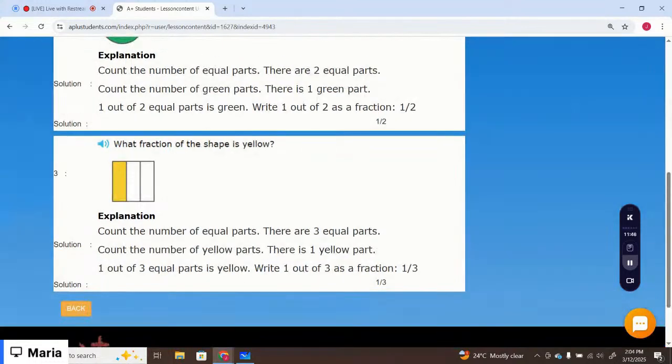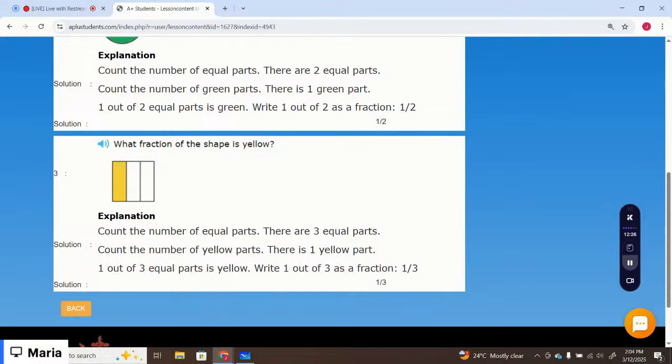What fraction of the shape is yellow? The shape has 3 equal parts and one of the parts is yellow, so that is 1 out of 3.